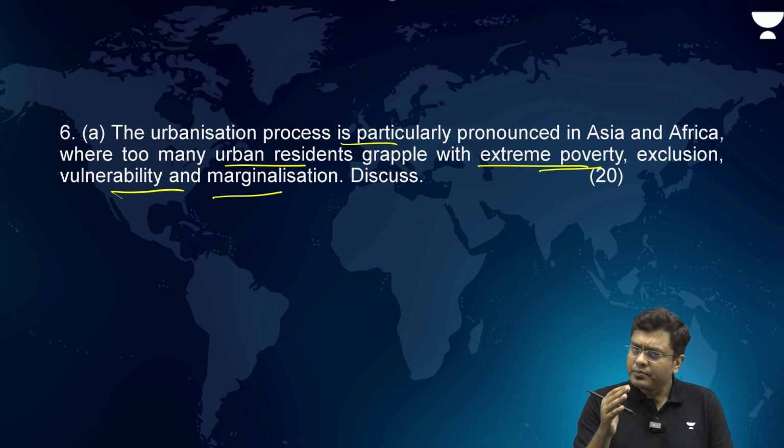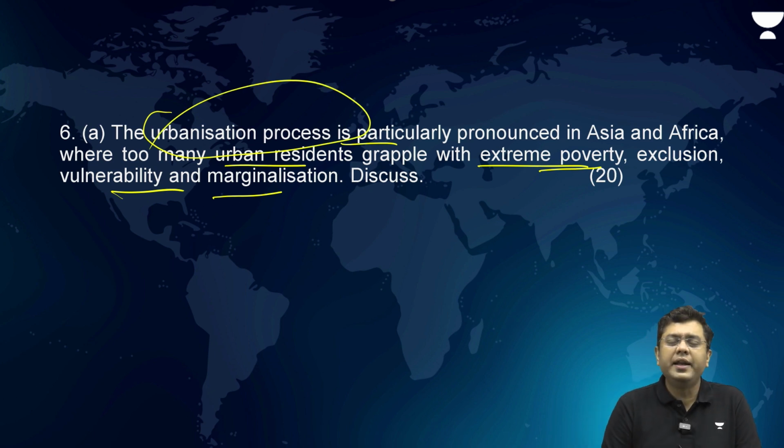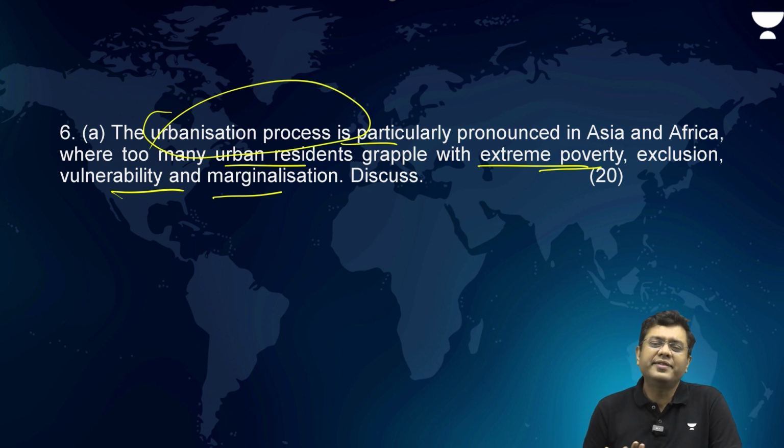So here, what do you need to talk about? First of all, you have to talk about the urbanization process in Asia and Africa. What does that involve? Greater migration of the population from rural to urban areas owing to economic factors which drive the population to the urban regions.